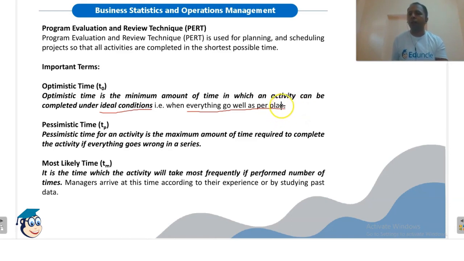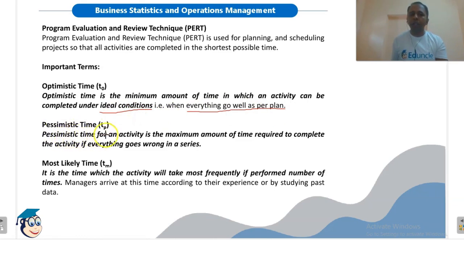But it does not happen all the time that everything goes as per the plan. There will be some situations in which there will be a halt or a stoppage in the production. So every time we will not have the optimistic time.